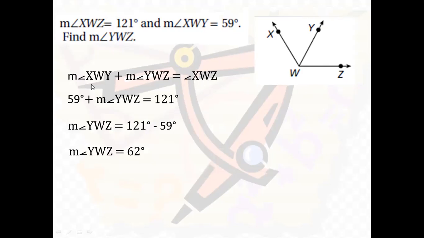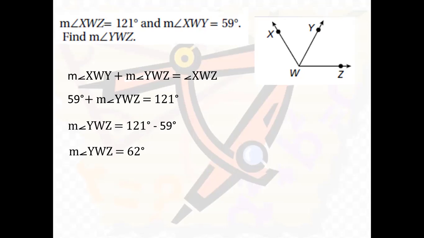Then angle XWY is 59. We don't know the measure of angle YWZ. That's what we have to find. It is equal to angle XWZ, that's the bigger angle, 121. So we have to subtract. Angle YWZ is equal to 121 minus 59. So that will give you the measurement of angle YWZ is equal to 62.